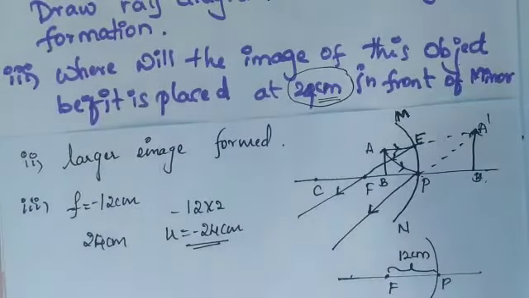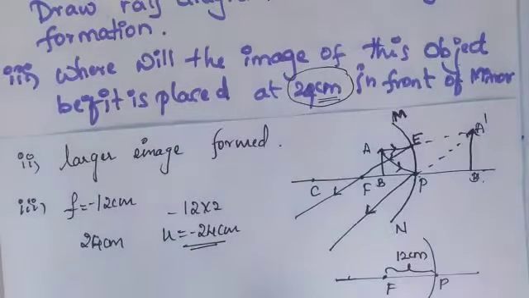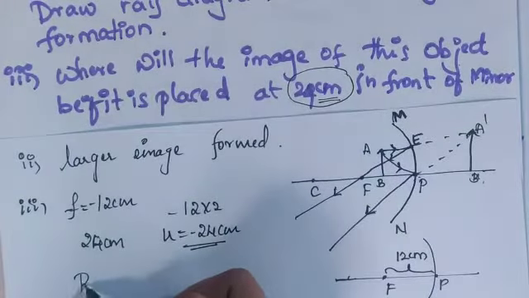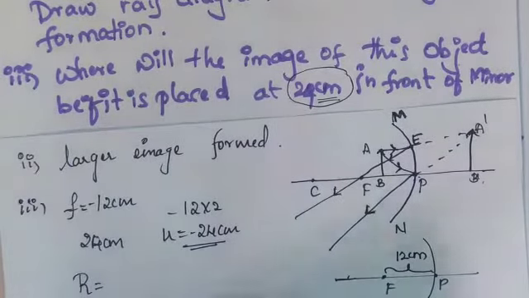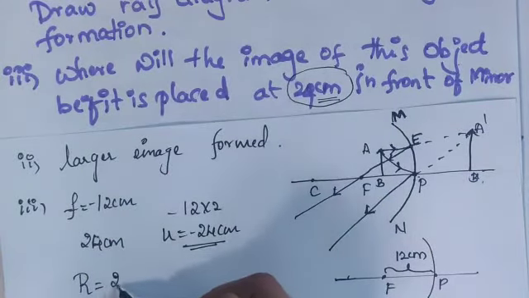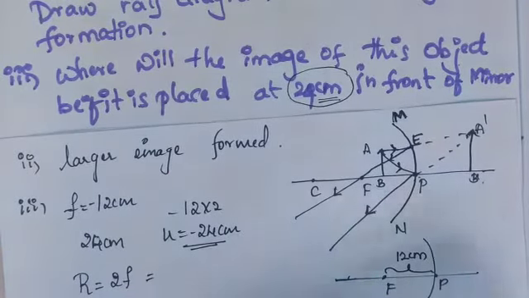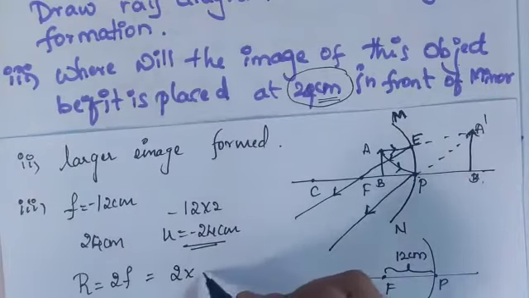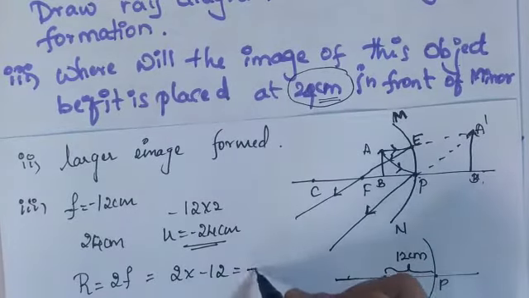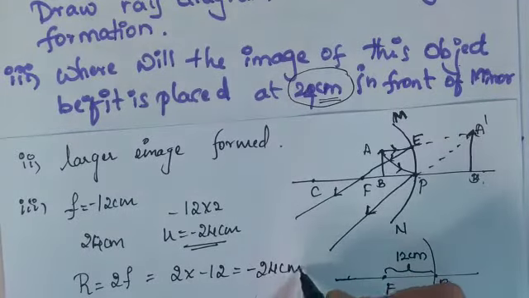Object distance should always be minus 24 centimeter. Now if it is minus 24 centimeter, where is the object placed? Yes, that is R. The radius of curvature formula, you know, is 2 times F, isn't it? So that is 2 into minus 12, which gives minus 24.